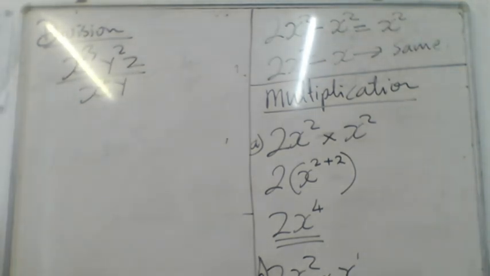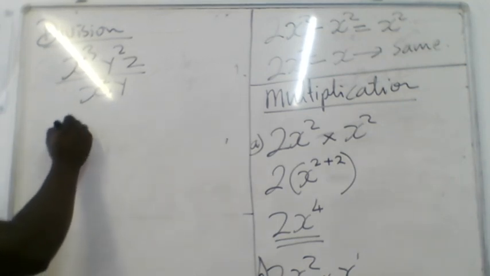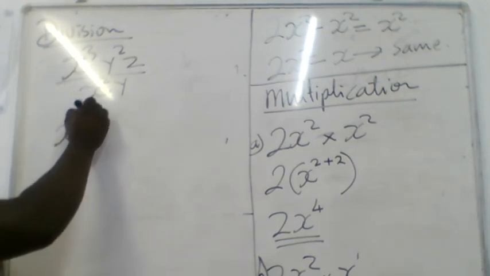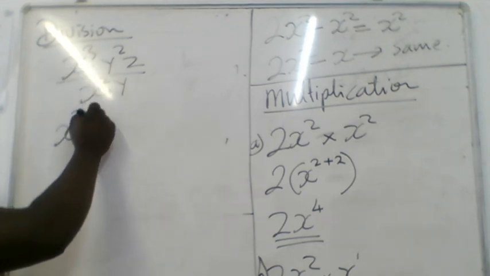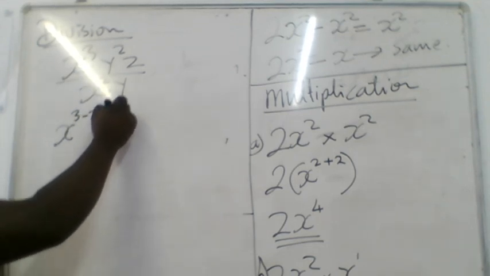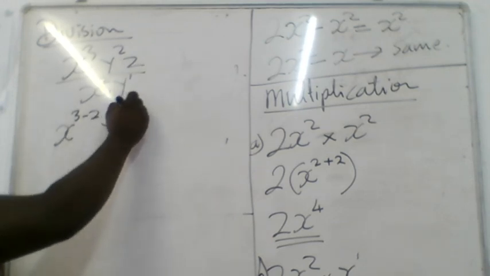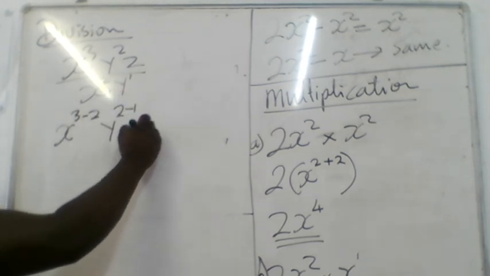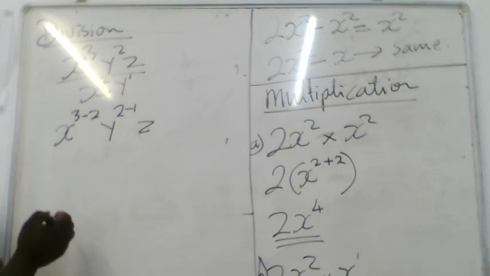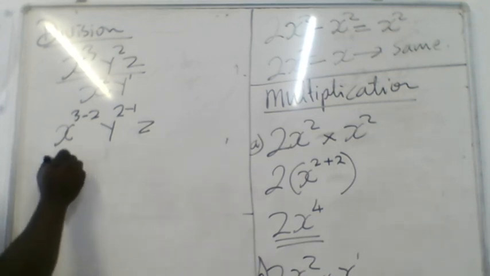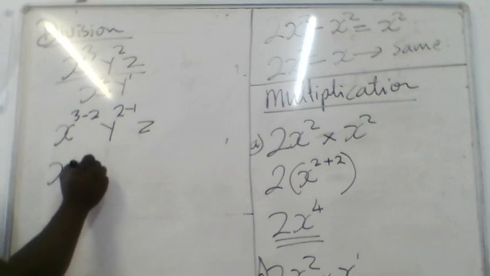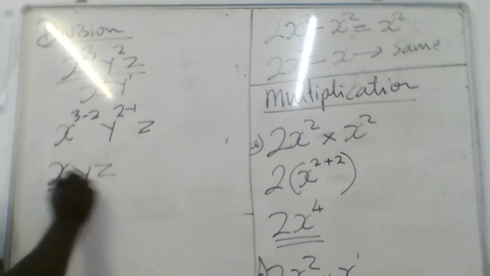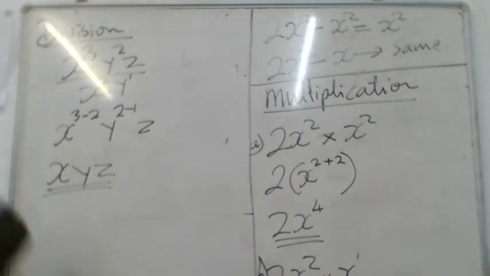When we have a division like this one, how do we treat it? Each variable has got its own friend, except for one. So we'll say x, 3 minus 2, because it's dividing. Then y, 2 minus 1. Then there is a z. Z has nothing to subtract with. So we have x y z as the answer. That is dividing.